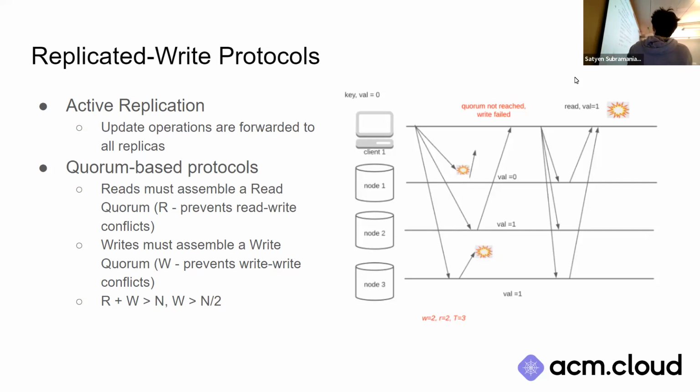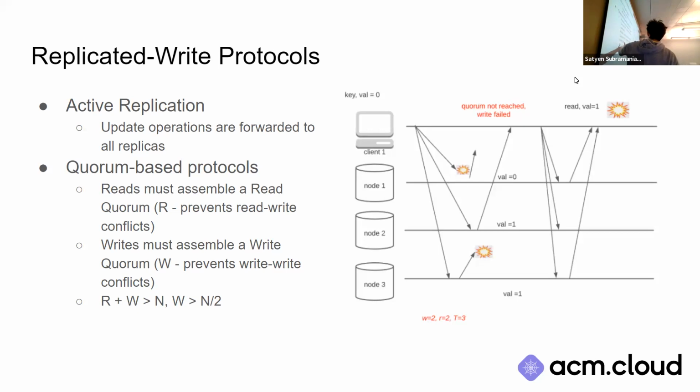we have a read quorum, and what this means is that you basically make sure that there are no read-write conflicts. So if a write is currently taking place, there's not going to be any inconsistency in our data. And then the writes also must assemble a write quorum.